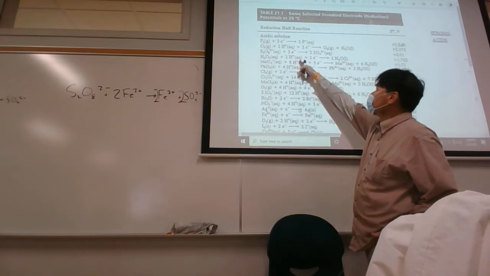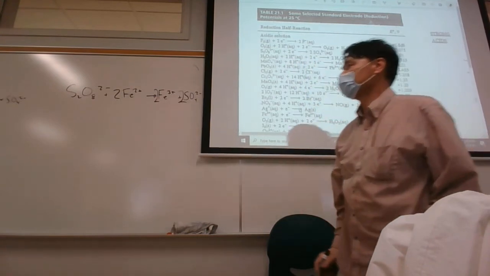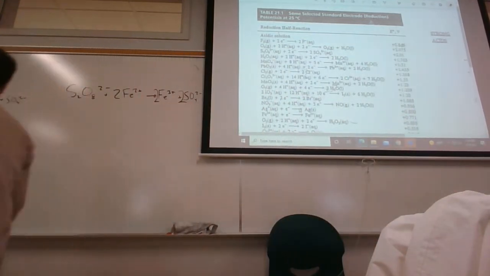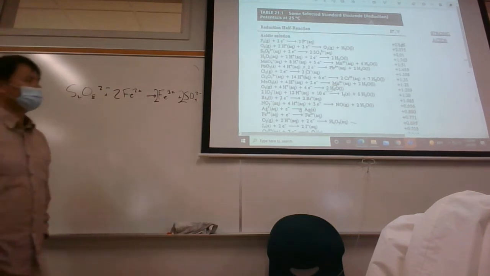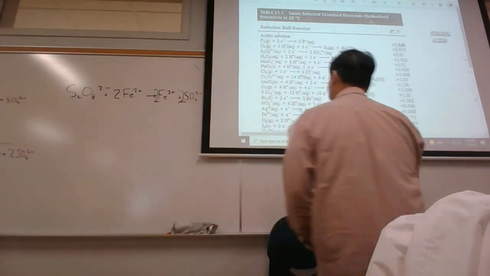S2O8 2 minus plus 2 electrons goes to 2 sulfates. The quickest way to get this one over here is just copying it off the redox chart as well, except we're going backwards here.